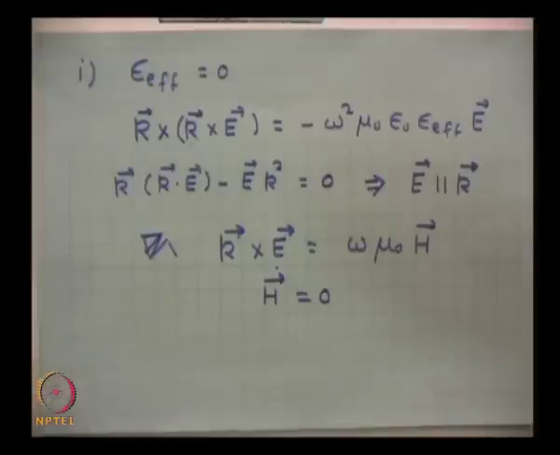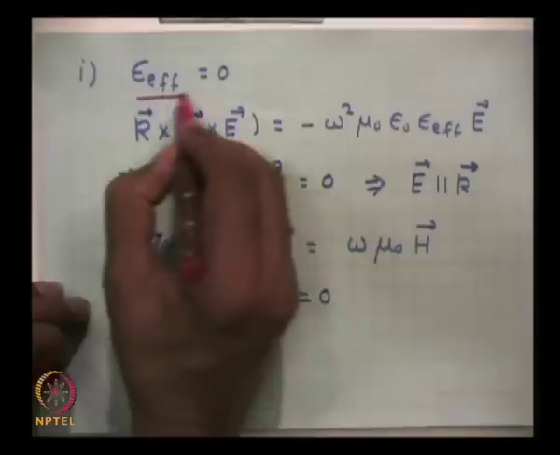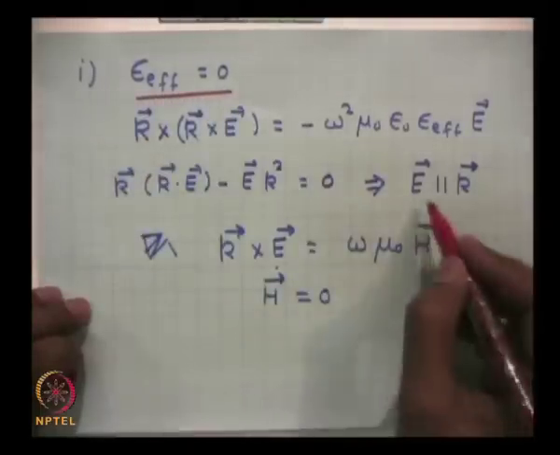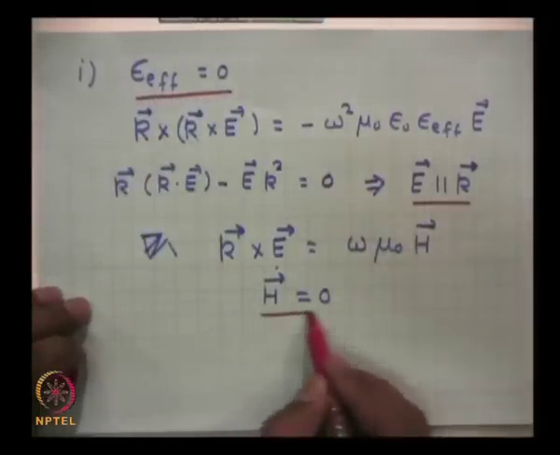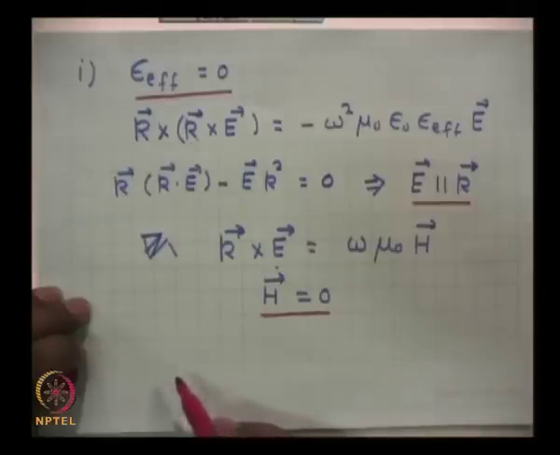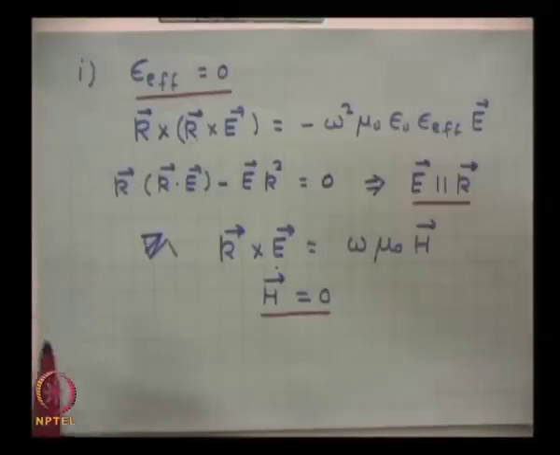This is a very important consequence. Whenever epsilon effective is 0, those waves will have electric field parallel to the direction of propagation and will have no magnetic field. So, they cannot be called electromagnetic waves because there is no magnetic field. They will be called purely electric waves. In plasma jargon, they are called electrostatic waves.